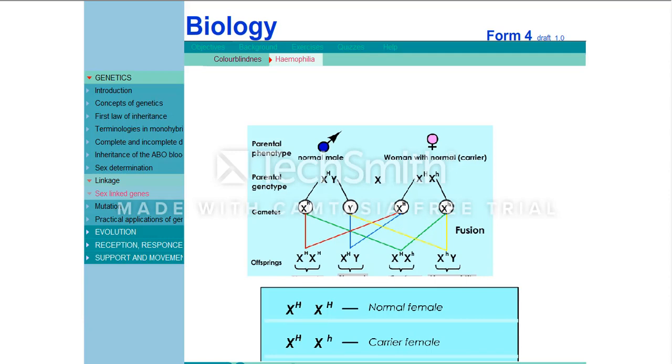Play the animation to view the genotype and phenotype of a hemophilic and a person with normal blood clotting.